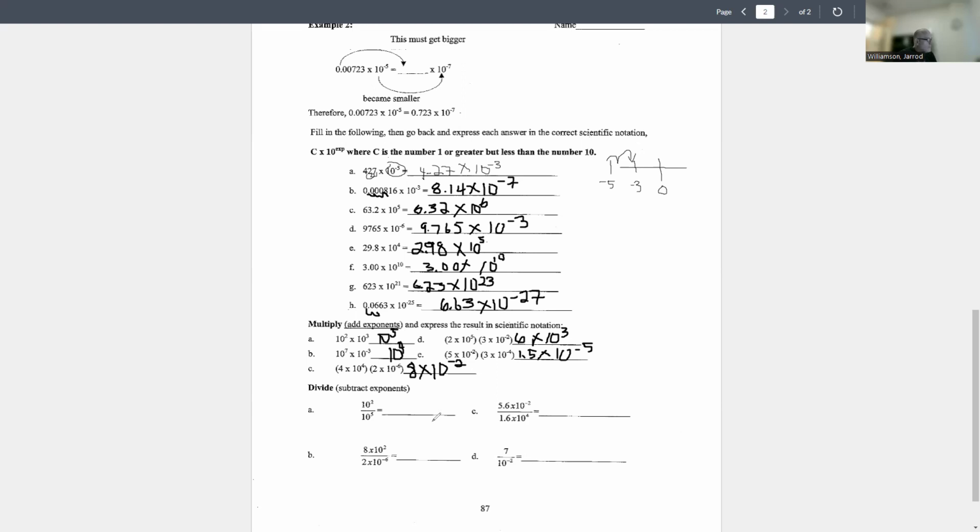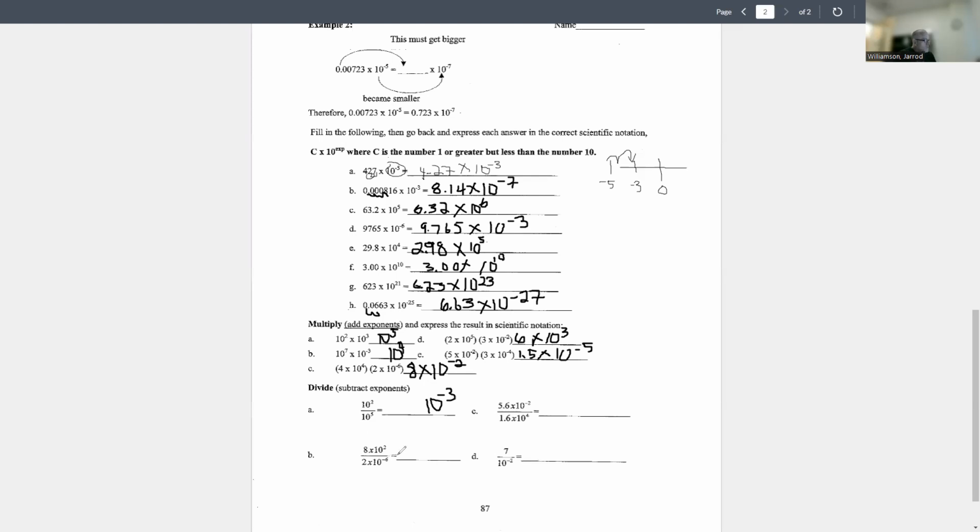Okay. This is 10 to the 2 minus 5. That'll be 10 to the negative 3. Okay. 10 to the negative 3.